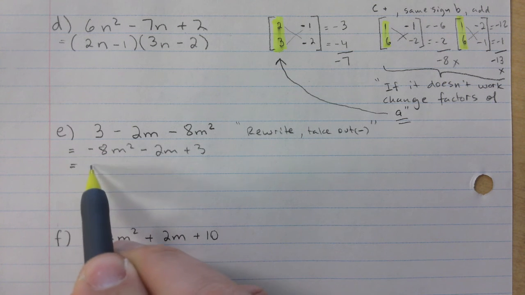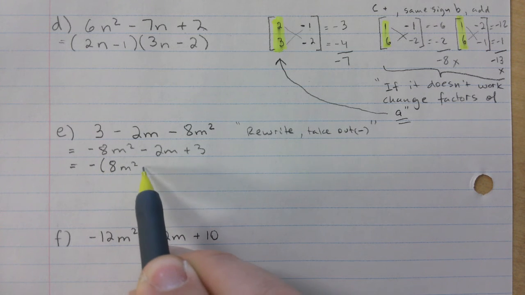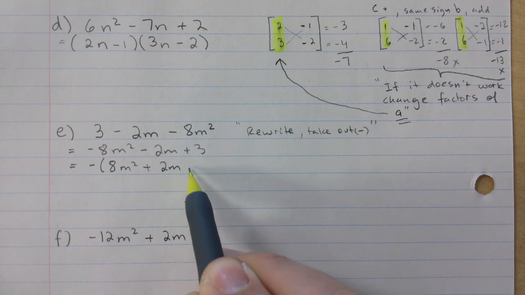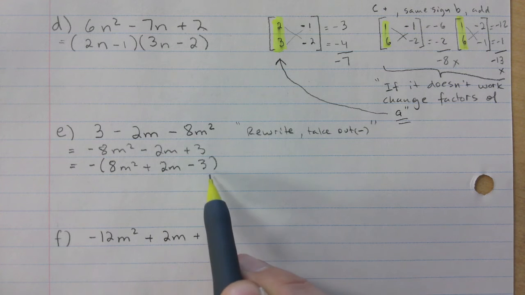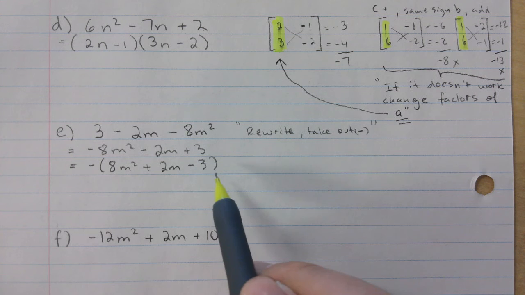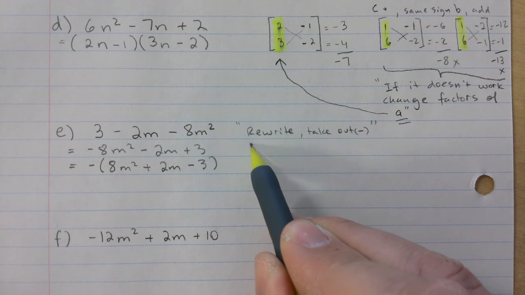And so I'm going to go negative, and that's 8m squared plus 2m minus 3. So this negative changes the signs of all the terms inside the bracket. And then you try your matrix.